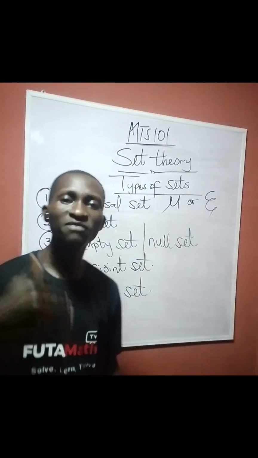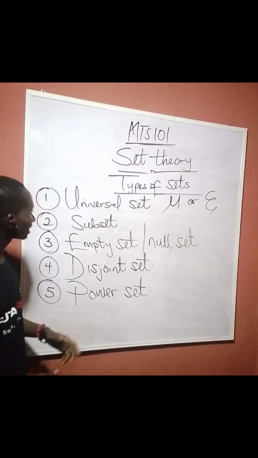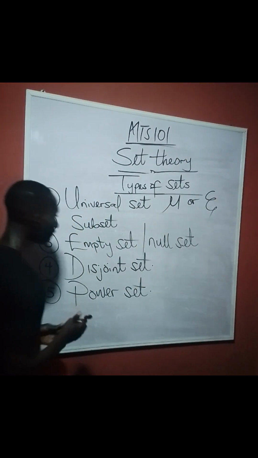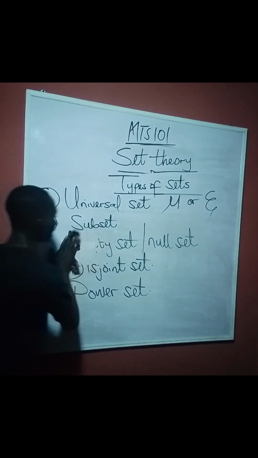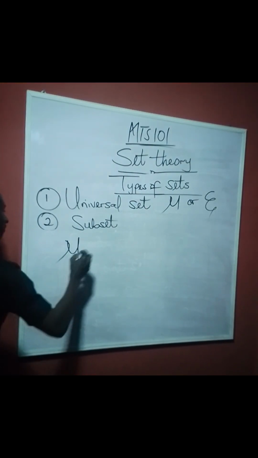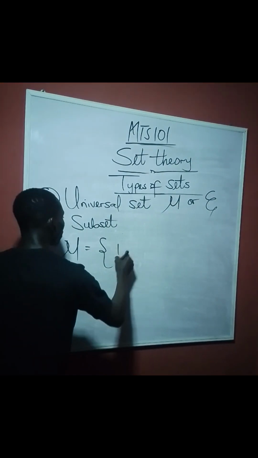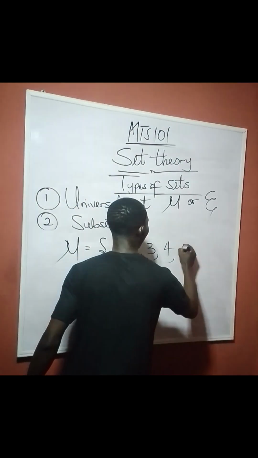I'm going to give more examples so you get what I'm saying. Let's take an instance that you have a universal set defined as 1, 2, 3, 4, 5.